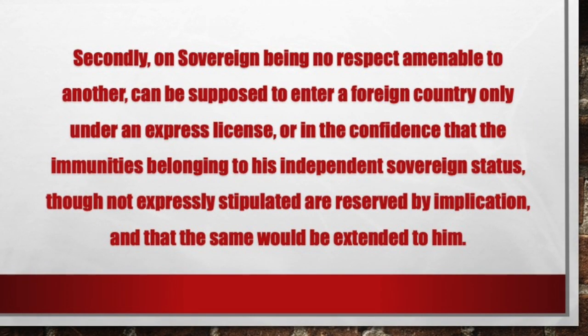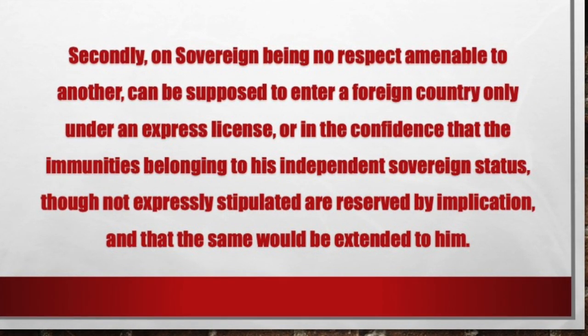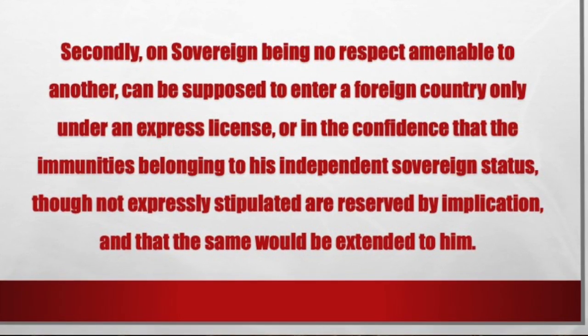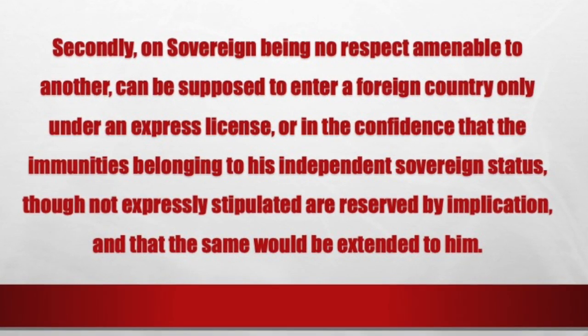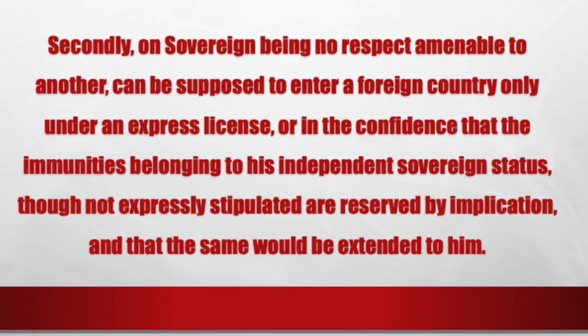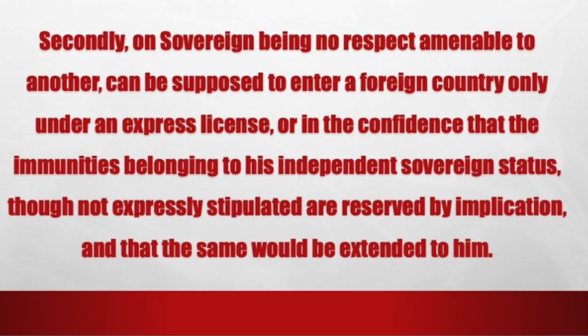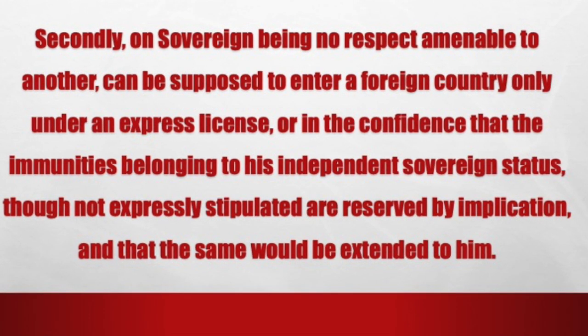Secondly, a sovereign, being in no respect amenable to another, can be supposed to enter a foreign country only under an express license, or in the confidence that immunities belonging to his independent sovereign status, though not expressly stipulated, are reserved by implication, and that the same would be extended to him.